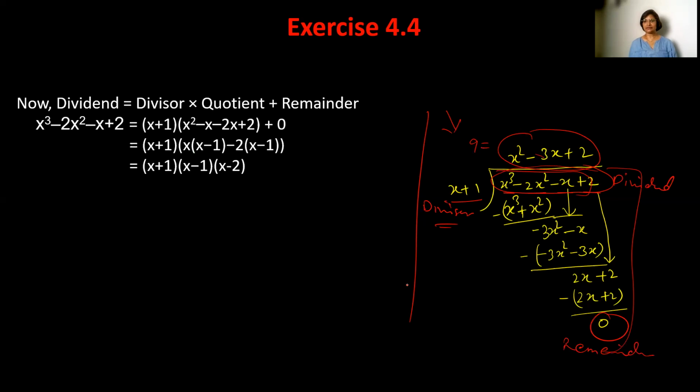Now we will use the remainder theorem. The remainder theorem says dividend equals divisor into quotient plus remainder. We have all these values and we put them in this formula.